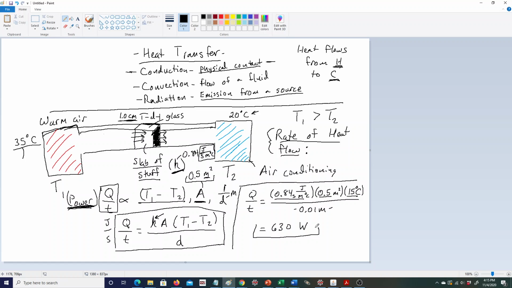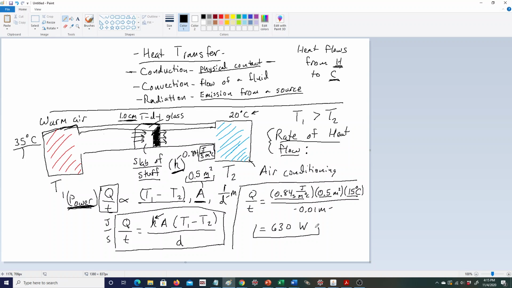To put that in context, most light bulbs that you could buy 10 to 15 years ago were rated in the 60 to 100 watt range. So the power consumption of several light bulbs is equivalent to how much heat is being transferred through this substance.